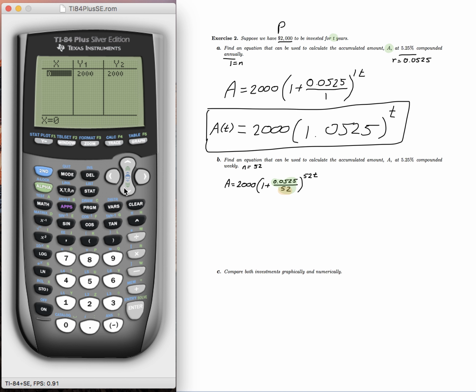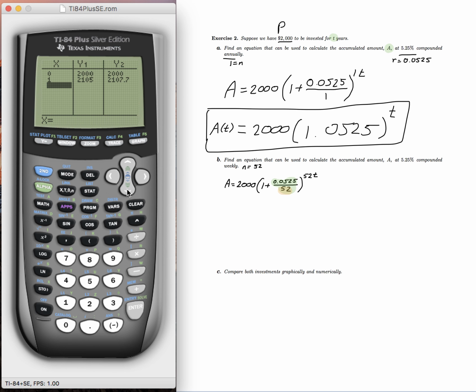If we plug in 1, after 1 year, we see t equals 2,105, very exciting for the first account, and t equals 2,107.7 for the second account. So why is that? Well, that's because of that weekly compounding. It has a chance, even though the rate is smaller, to catch up over time.